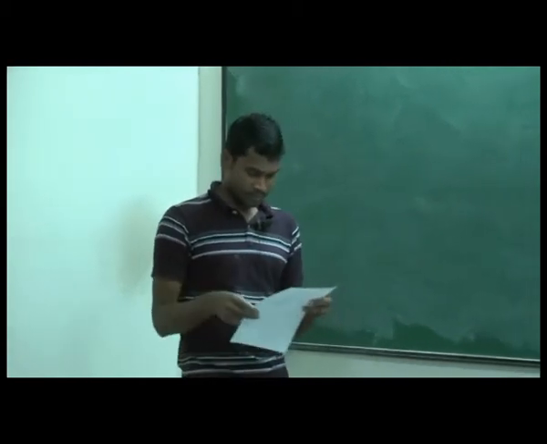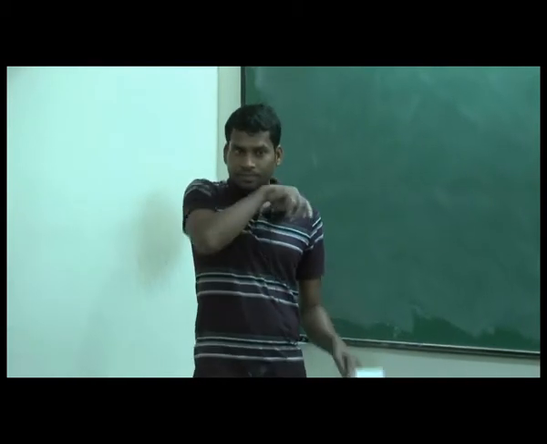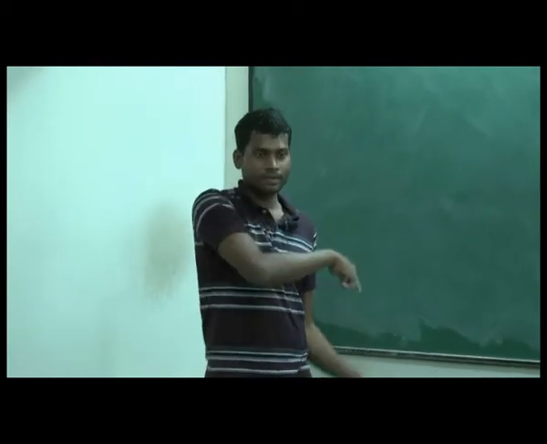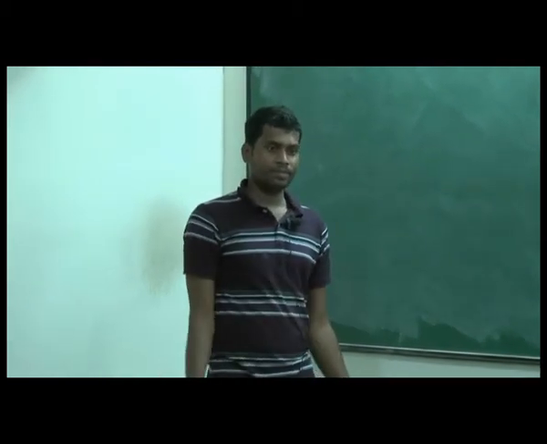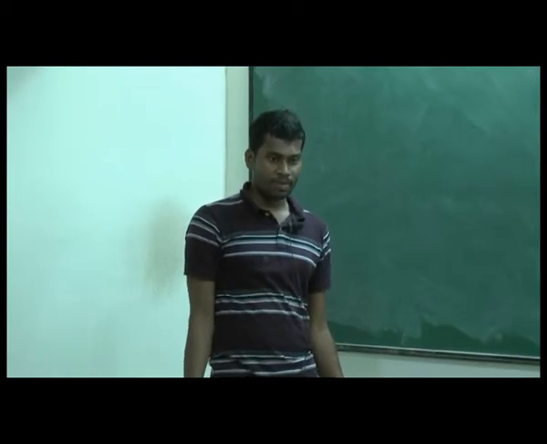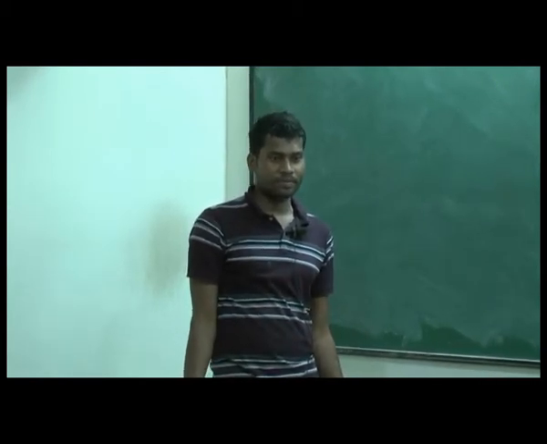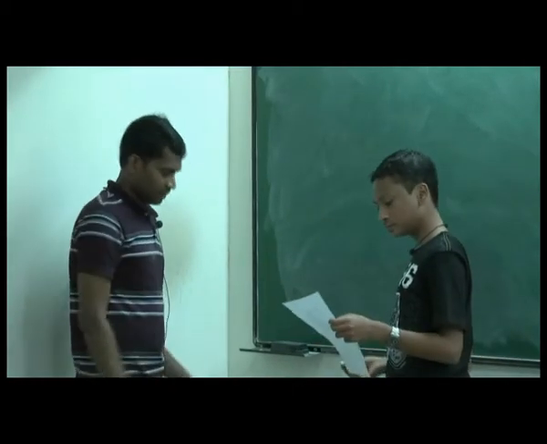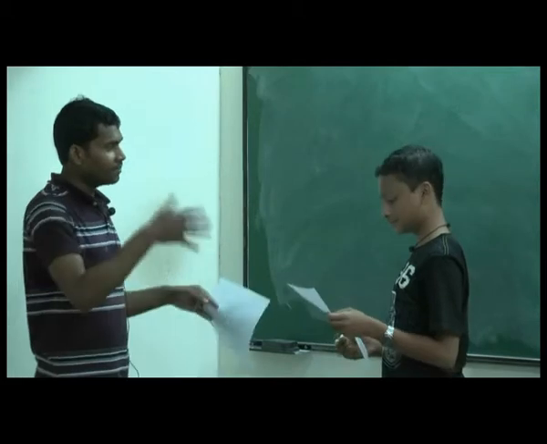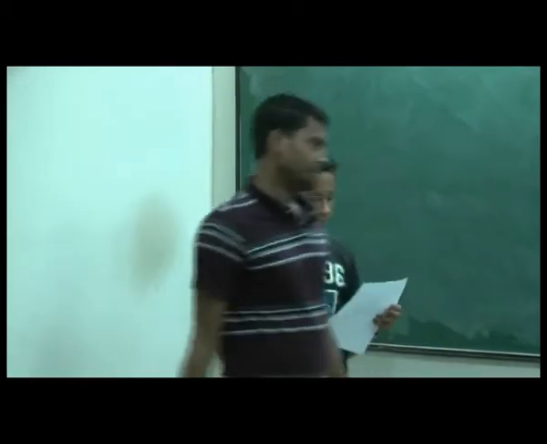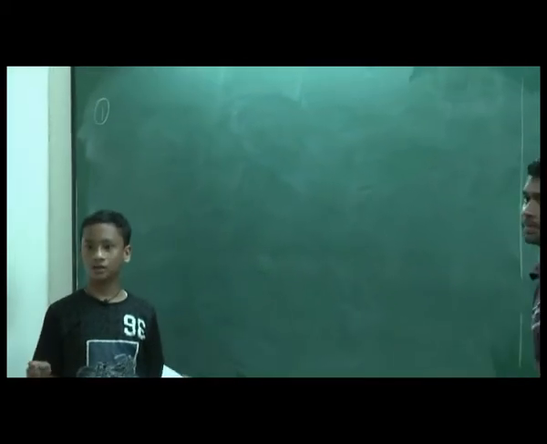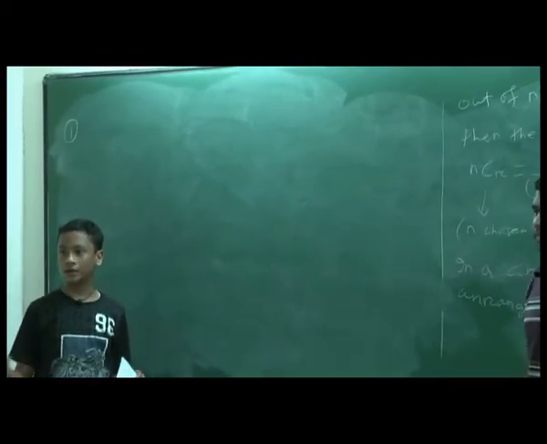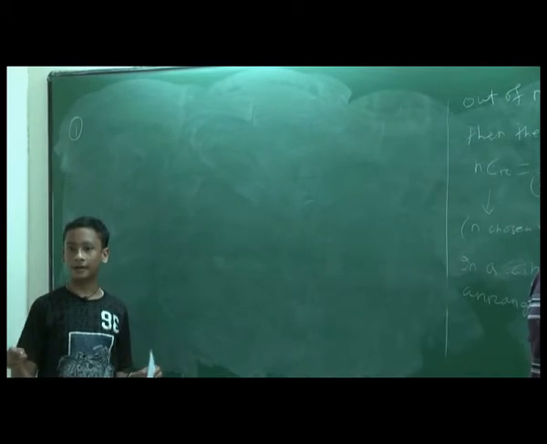Can you come and explain it on the board? How did you get these numbers? For making a straight line, we need 2 points. So if all the points are not collinear, 8 factorial by 2 factorial lines will be formed.